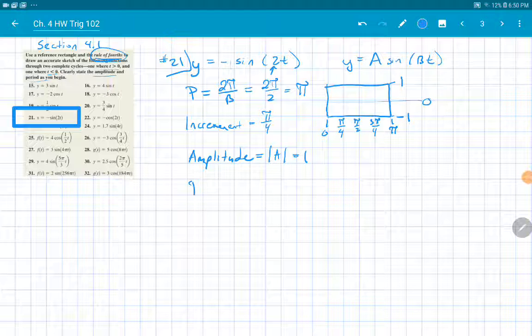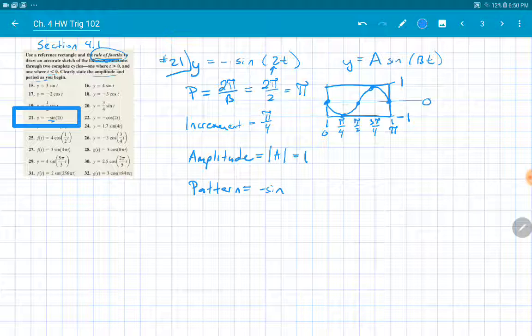The only thing I have left is the pattern. I know it's a sine graph and it has a negative out front, so I want the pattern for the negative sine graph. Sine starts in the center, and since it's negative, it's going to go down and then back to the center and then up to a maximum and then back to the center.